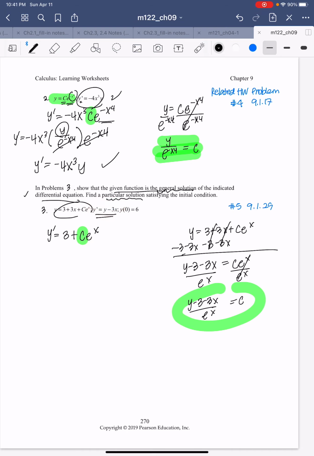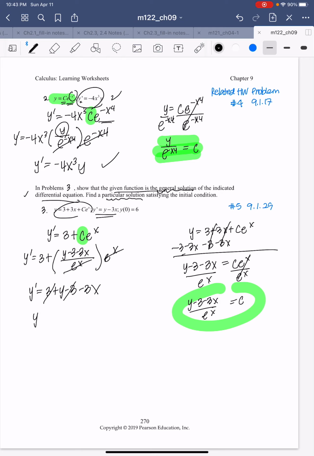So y prime is 3 plus c, which is y minus 3 minus 3x over e to the x, times e to the x. Cancel out e to the x, so I'm getting y prime is equal to 3 plus y minus 3 minus 3x.